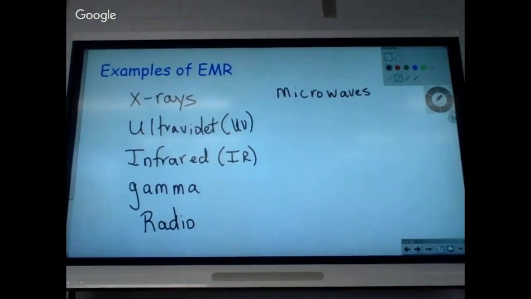Now, none of these we can see. We cannot see a radio wave. We can't see UVA or UVB.